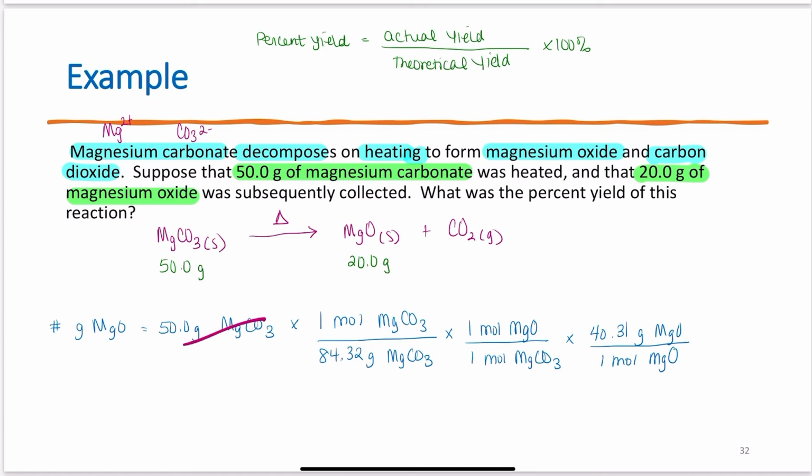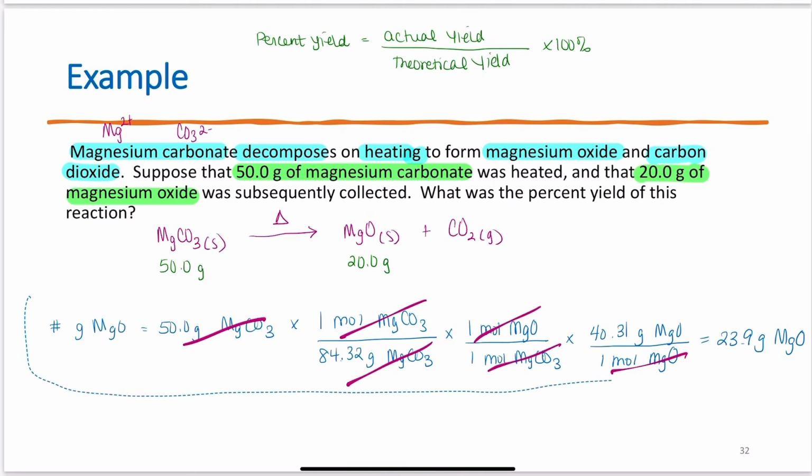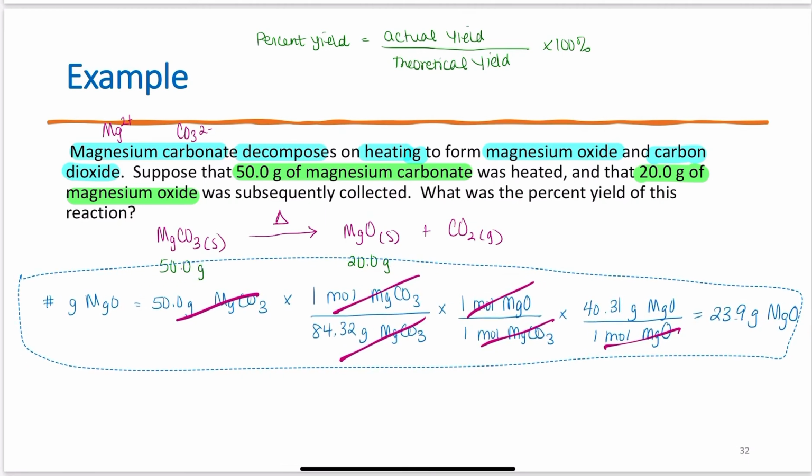Again, always good to just check grams of magnesium carbonate, moles of magnesium carbonate, moles of magnesium oxide. Everything has in fact canceled out. And I find this answer to be 23.9 grams of magnesium oxide. So theoretically, I could produce 23.9 grams of magnesium oxide from 50 grams of magnesium carbonate.